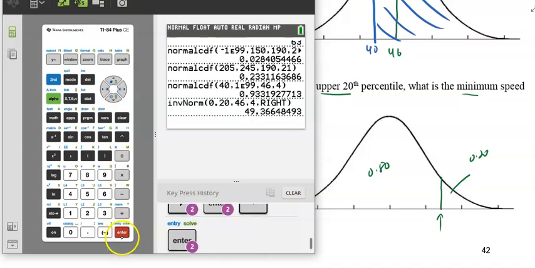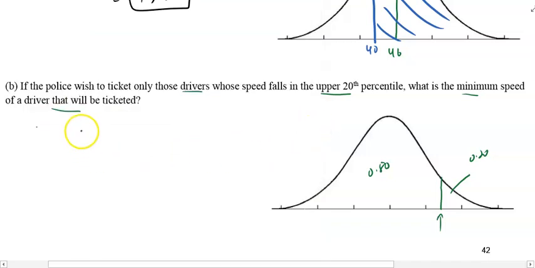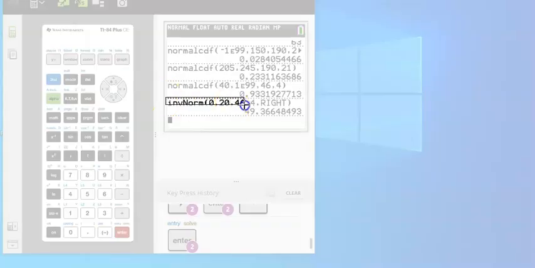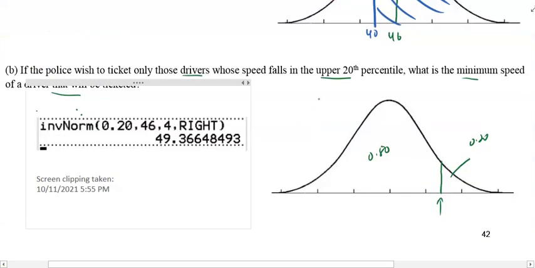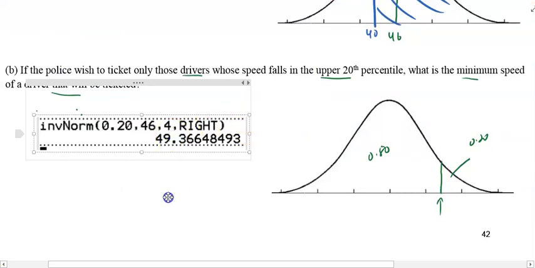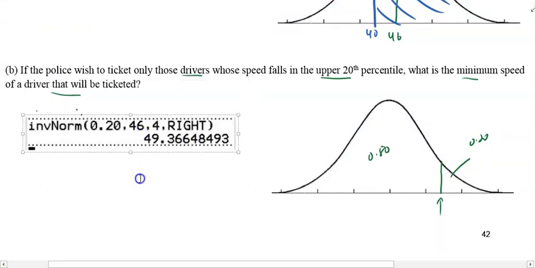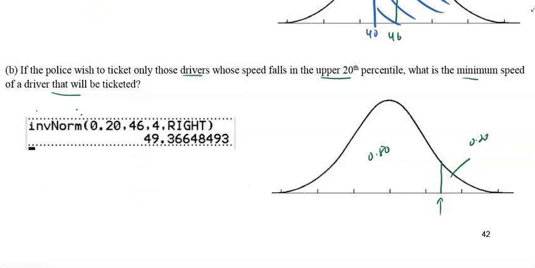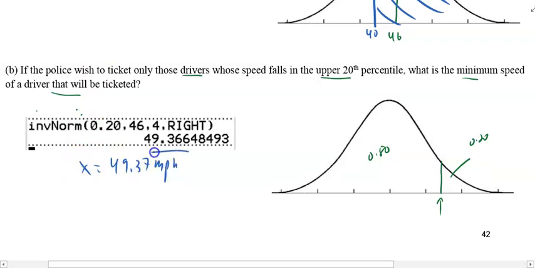Tell me what the score is. 49.37. X should be 49.37 miles per hour.